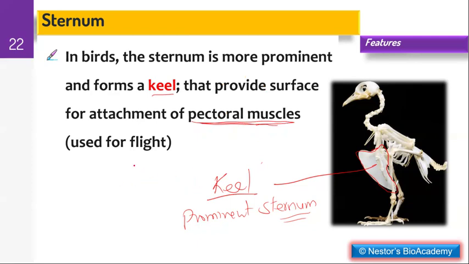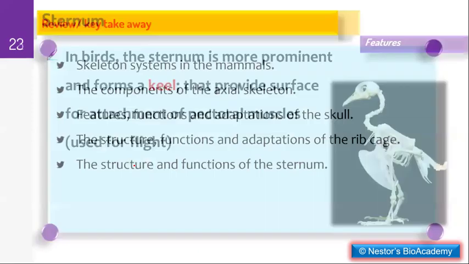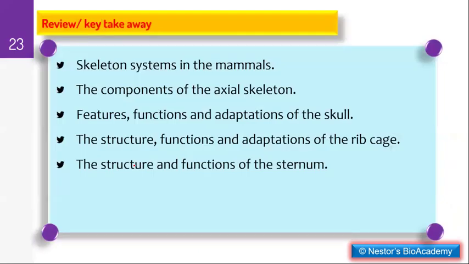So what are the key takeaways for this video? There's need for you to be able to describe the skeleton systems in mammals, the axial skeleton, which bones form the axial skeleton, the appendicular skeleton, which bones form the appendicular skeleton, and again, the features, functions and adaptations of the skull, very important.